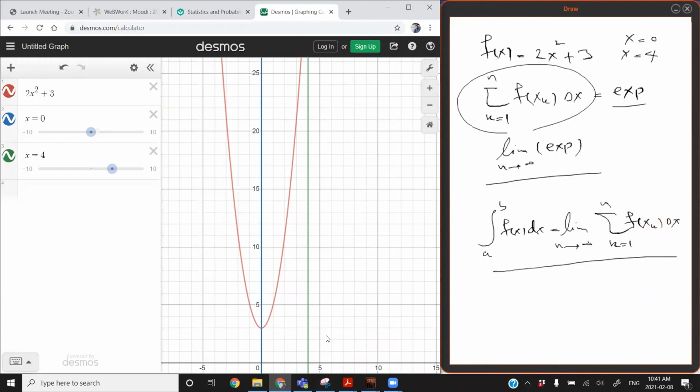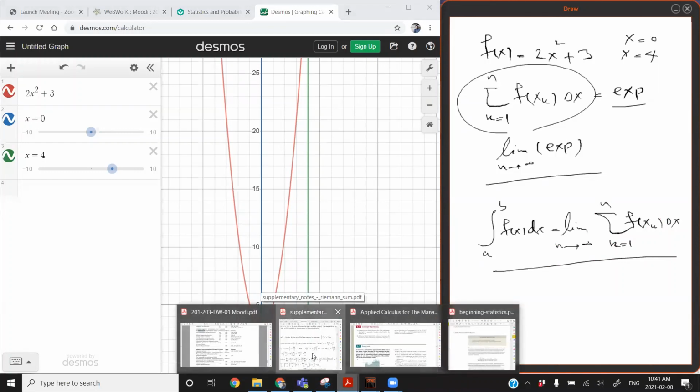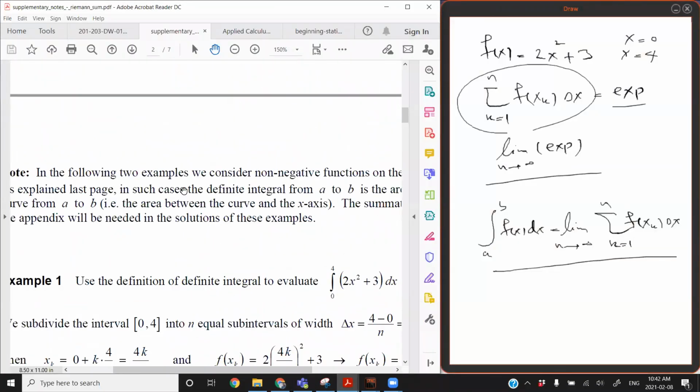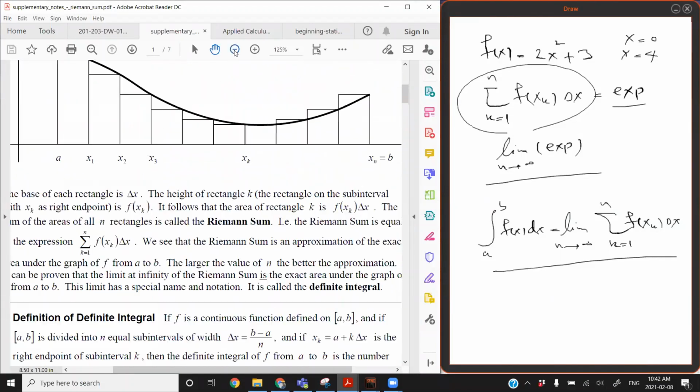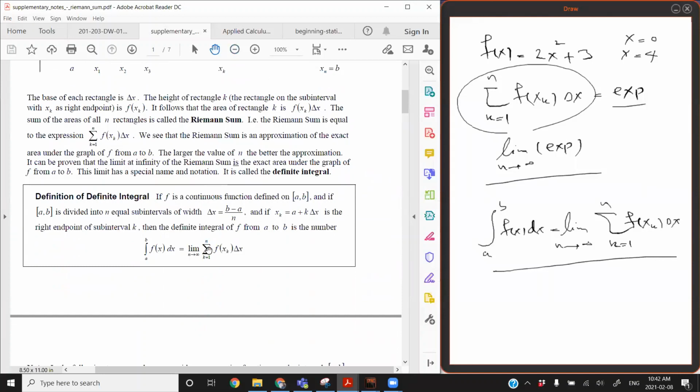We're going to use the formula we just learned. I mean this formula. You good?